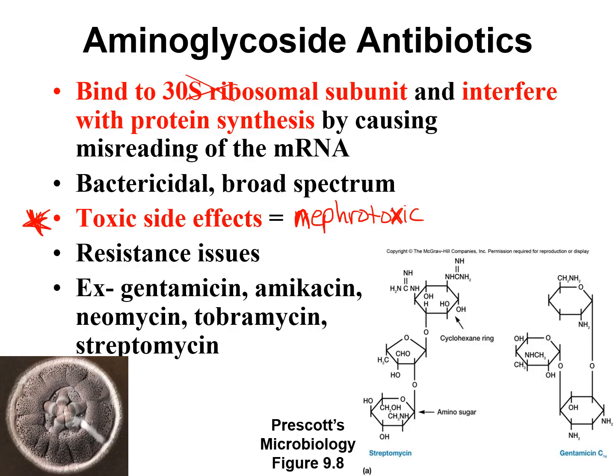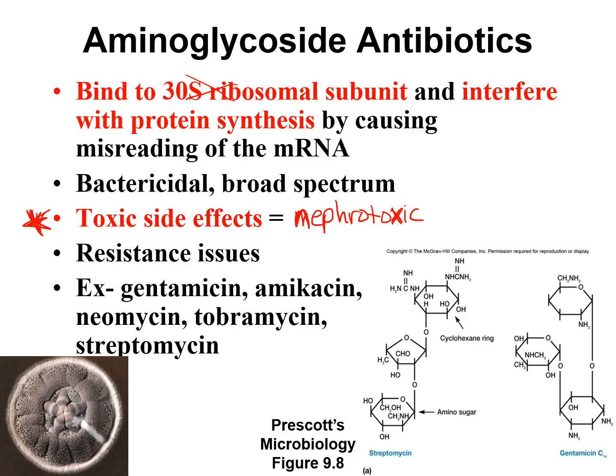So if you have a patient that's on gentamicin or amikacin, for example, they will check the kidney function and make sure that it's staying okay, because if the kidney function starts to decline, then they will have to take them off that antibiotic.